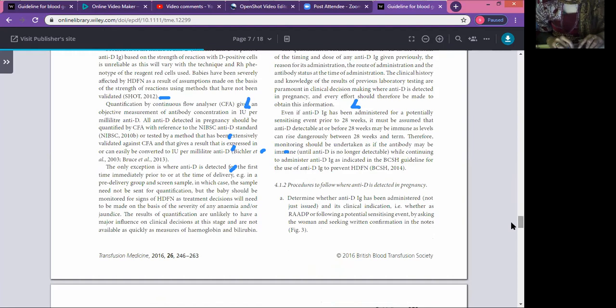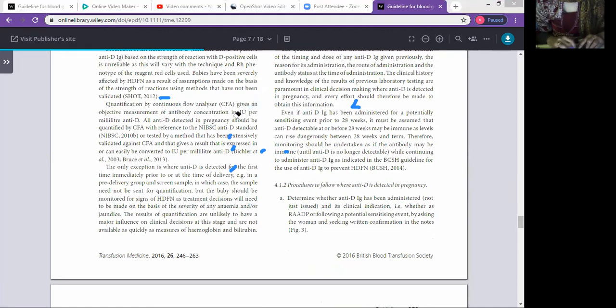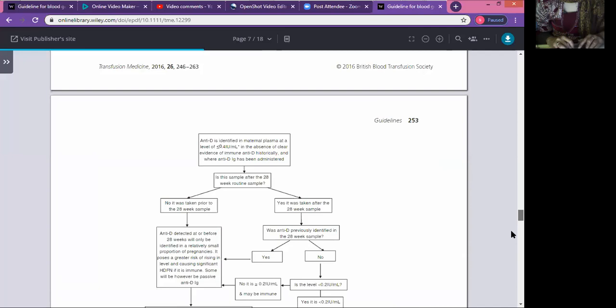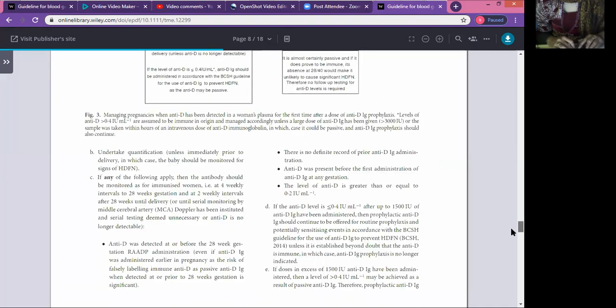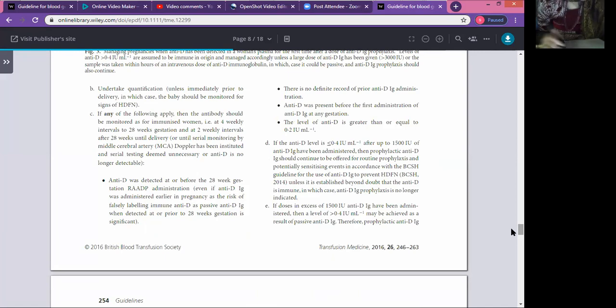Now the procedure to follow where D negative, where anti-D is detected in pregnancy, is that we need to determine whether the anti-D has been administered. So basically what they have stressed is that when the antibody is detected, we need to know the titers of these antibodies, and whether they indicate moderate or severe risk, and this will predict the risk of HDFN.